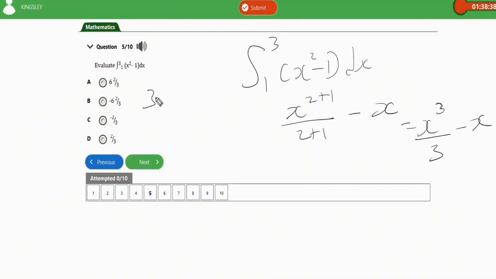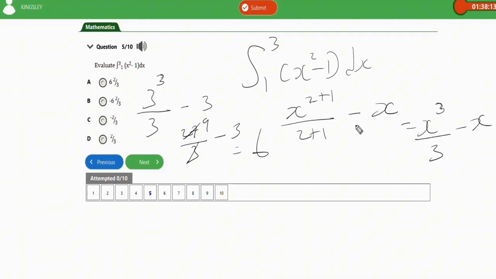This is 3 cubed over 3, minus 3. So 3 cubed is 27 over 3 minus 3. You cancel this and have 9. So 9 minus 3 is 6.